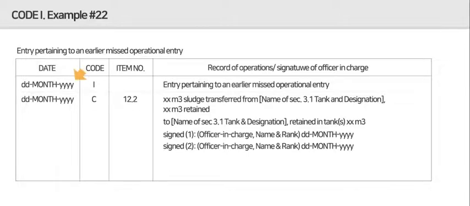Note: Date 1 is the date of the original operation. Date 2 is the current date, i.e., the date the entry is made. Sign 1, signature of officer making the I entry. Sign 2, signature of officer making the missed entry, is recorded.